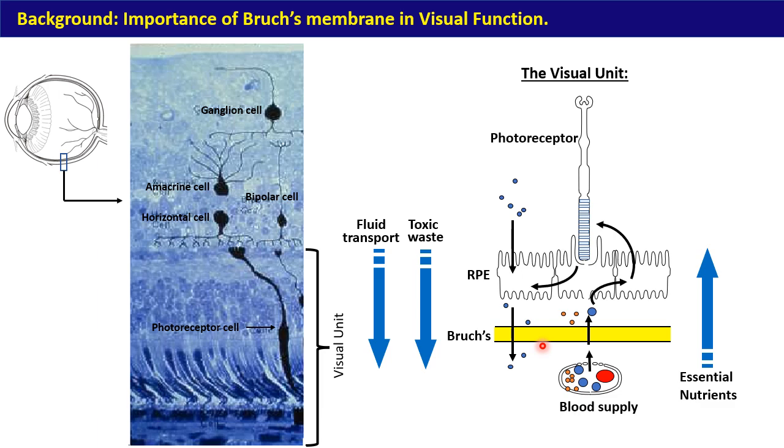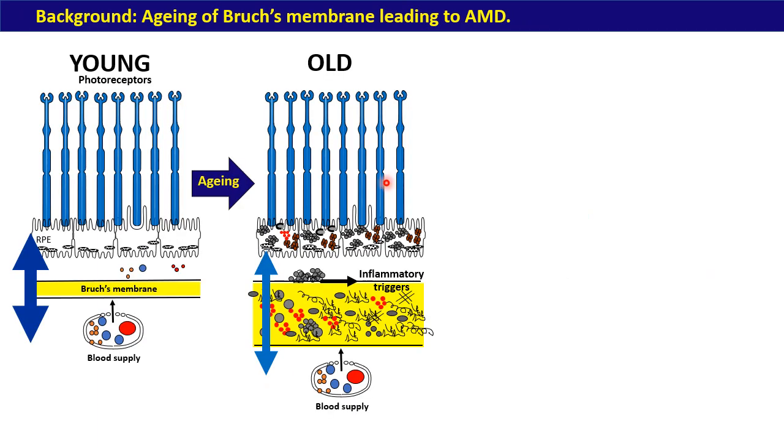We will briefly assess the effect of age on the visual unit. In the young, Bruch's membrane is very thin, allowing easy transport of nutrients and waste products. As we age, debris begins to accumulate in both the RPE and Bruch's membrane.